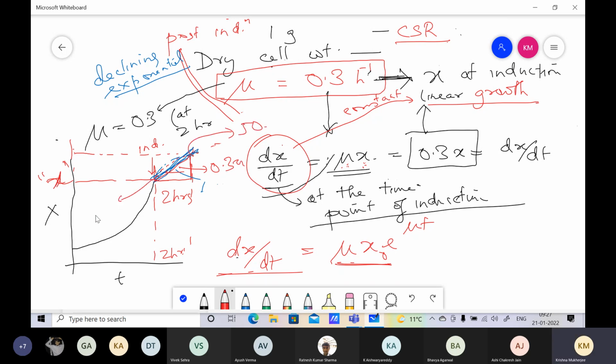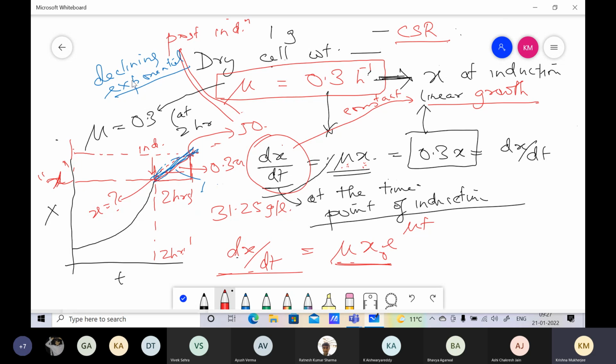What is this point? What is x equal to? 31.25. All of you are getting this? Okay. So you can see dx by dt.